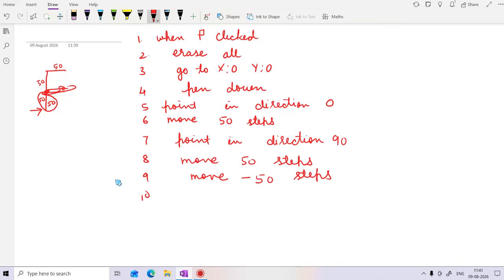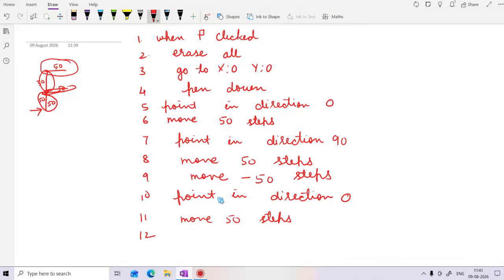Now step number 10, again I have to focus on this line, it is going up. So point in direction 0, and then move 50 steps, and then finally we have come to this ending. This is the right side.